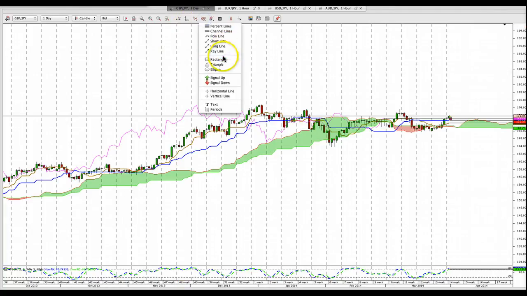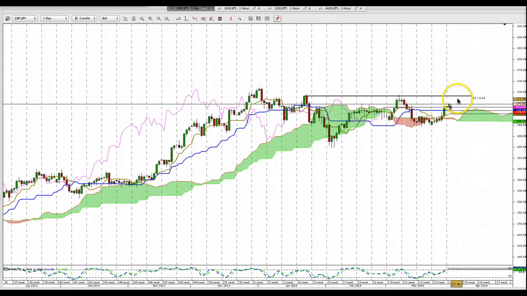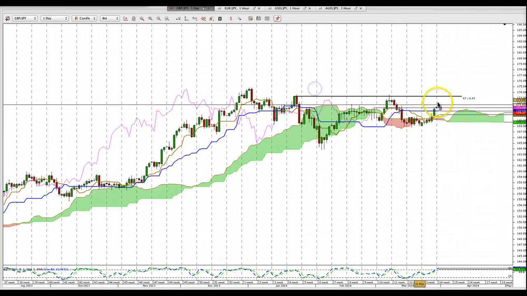But the only problem is it's getting very close to a strong resistance level around 173.30. So if you are long on the pound yen, just be cautious, because it may just react to this level up here and head south, but then that will give us buying opportunities.